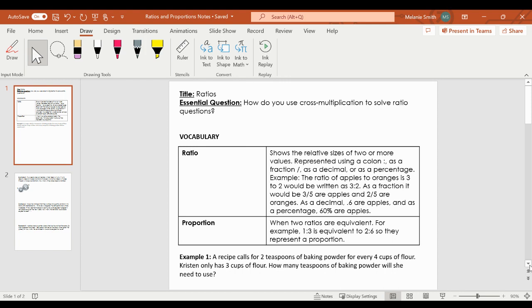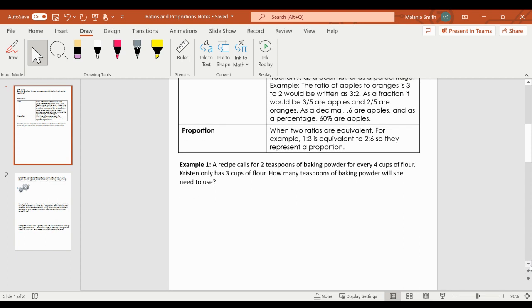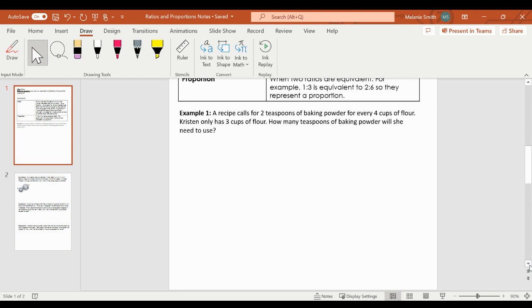So here's an example. A recipe calls for 2 teaspoons of baking powder for every 4 cups of flour. Kristen only has 3 cups of flour. How many teaspoons of baking powder will she need to use? So we need to set up our ratio first, and it doesn't actually matter which one goes first, baking powder or flour.